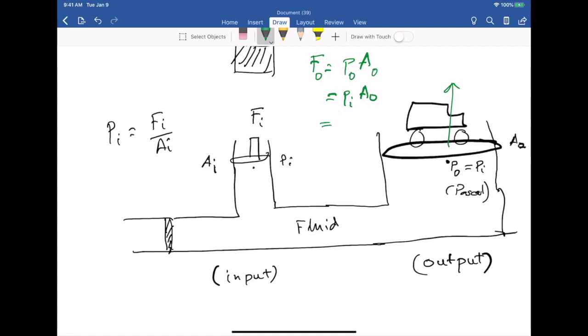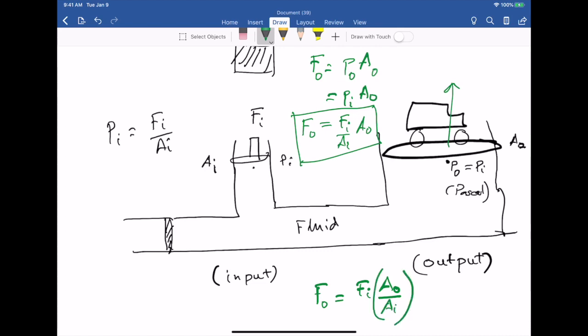And PI we calculated was FI divided by AI, times AO. So this is the crucial equation. The force on the output side is equal to the force on the input side multiplied by the ratio of the output area to the input area.